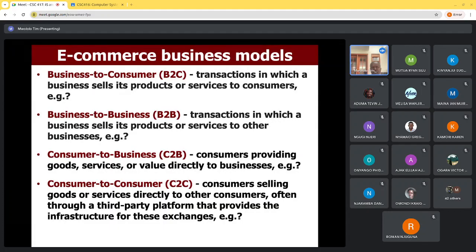In institutions like that, if you're doing B2B and also B2C, you must make sure that you do not compete unfairly with the businesses that sell your products or services.